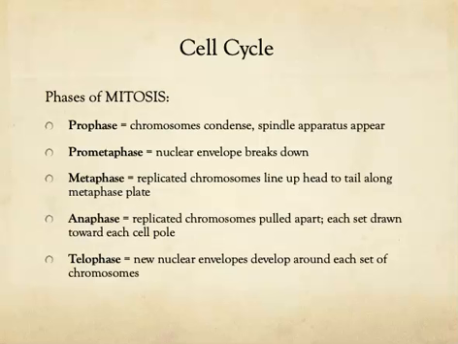Now, the other event that happens during prophase is that the spindle apparatus appears. Remember, the mitotic spindle is going to emerge out of the centrosomes inside the cell. The mitotic spindle is made out of microtubules. So during prophase, microtubules will begin to grow out of that pair of centrioles inside each of 2 centrosomes.